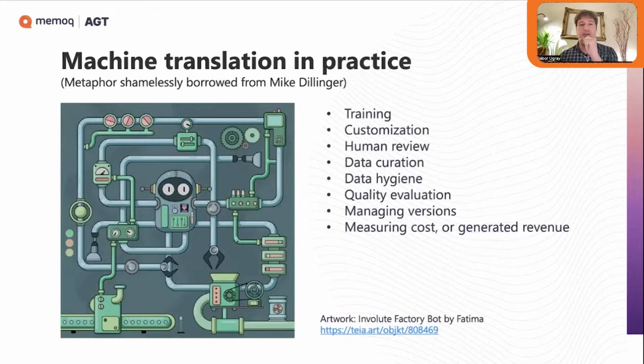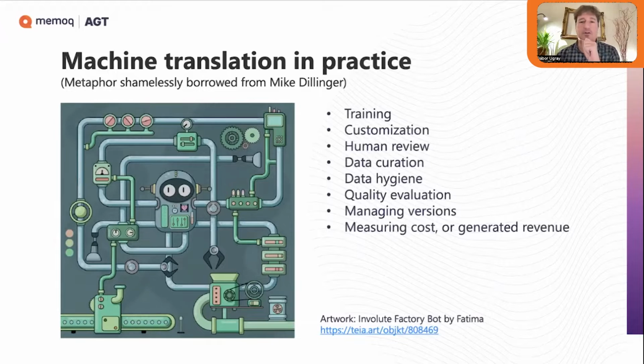So customization is also called domain adaptation. You want to create models that don't just translate anything. Maybe they're really good at translating instructions for use for the kind of medical device that you are manufacturing.